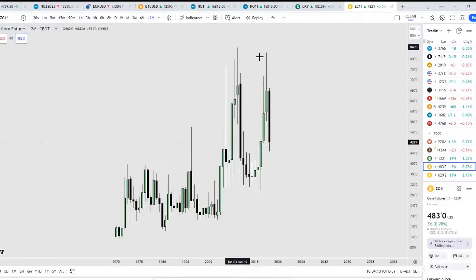Corn futures lower highs as well. Okay, the last stop hunt on the macro scale would be here. Barely touching the -2. And we're trading right into a BC. Right here we have relative equal lows.